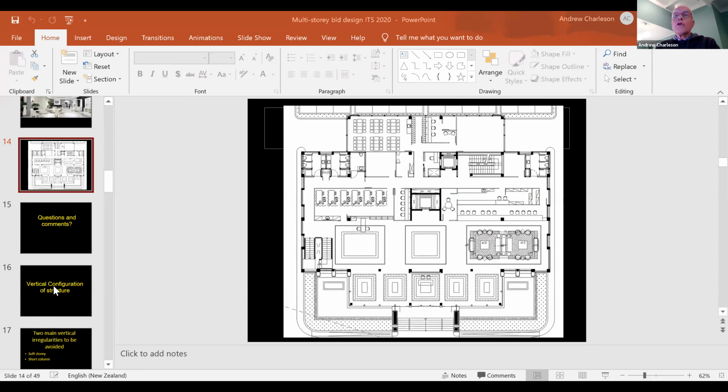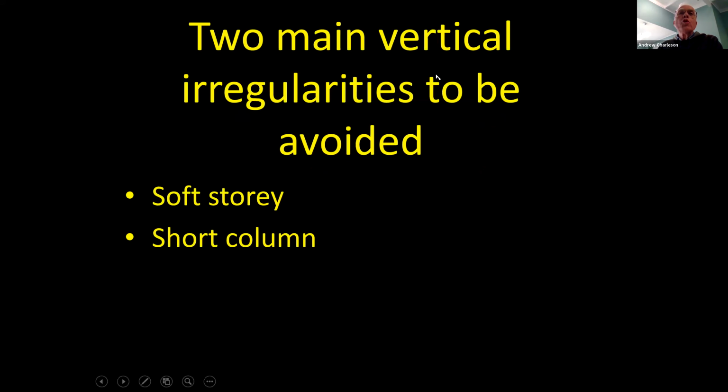And now I'm going to talk about the configuration of buildings, the vertical configuration. Because even if we have used the Resist software to do a design, we still have two types of irregularities we must avoid.